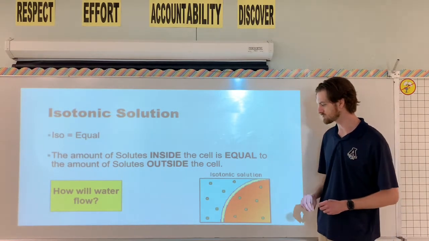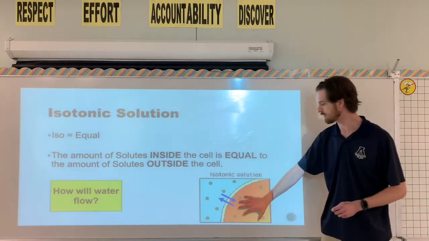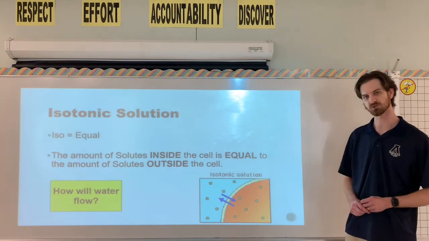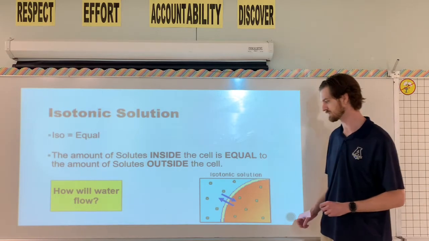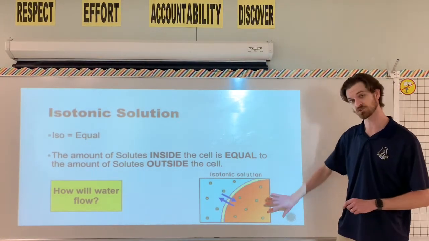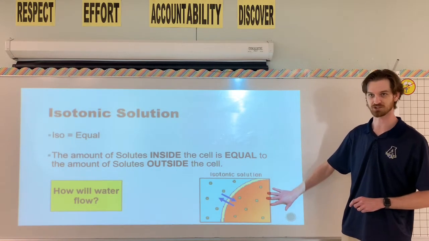In this situation, it wants to keep a balance, okay? It wants to keep the same amount of water per particles. So it will freely flow across both sides. So you'll get water moving in and out pretty frequently in this kind of solution. Okay, so isotonic, they move equally. If you need to pause to draw this picture, please do so. It is a very beneficial picture as we're going through these.